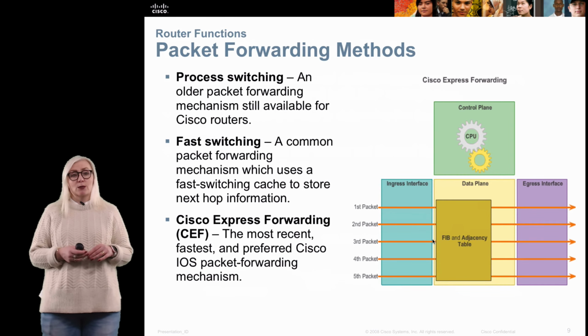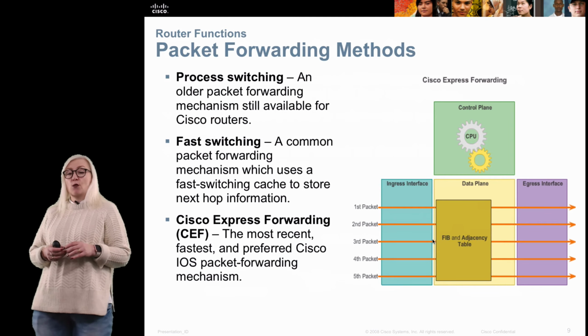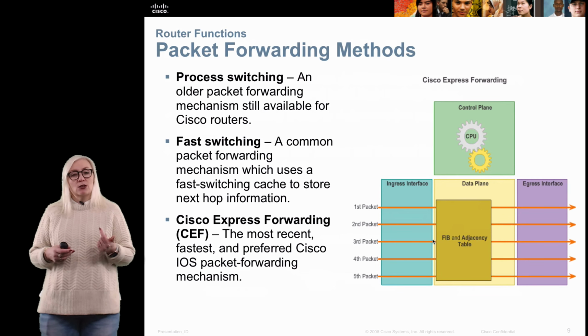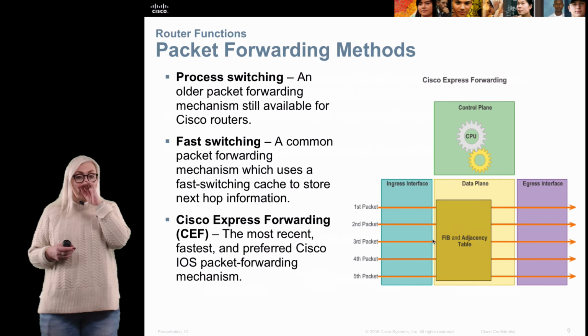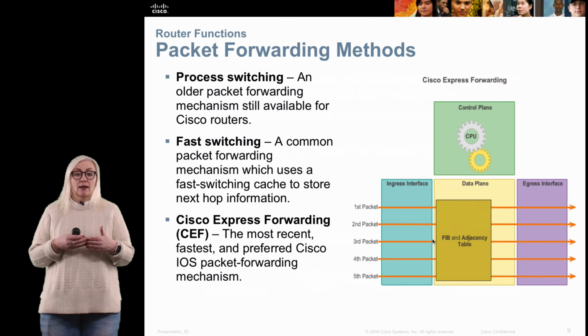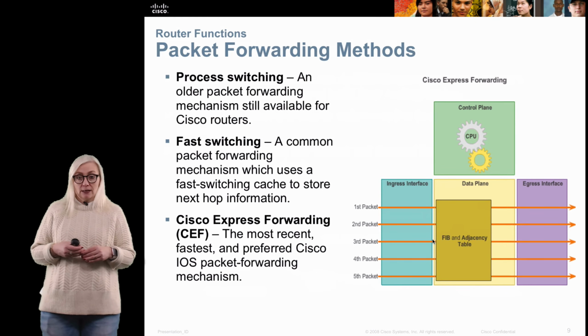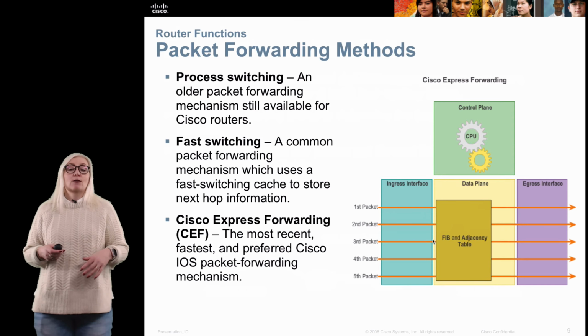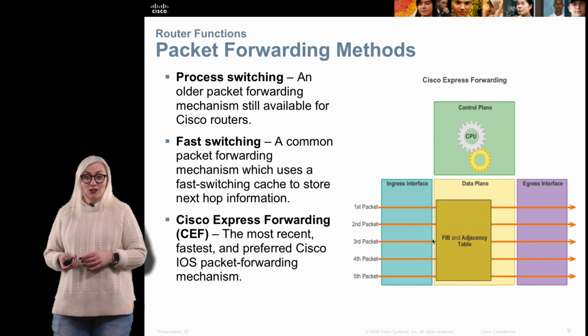The last one is the Cisco Express Forwarding method, where you don't really need to do the math at all because you have saved everything in a database and in an adjacency table. So instead of doing the math, you can just look into your tables. This is faster because finding the best path requires some kind of calculations.